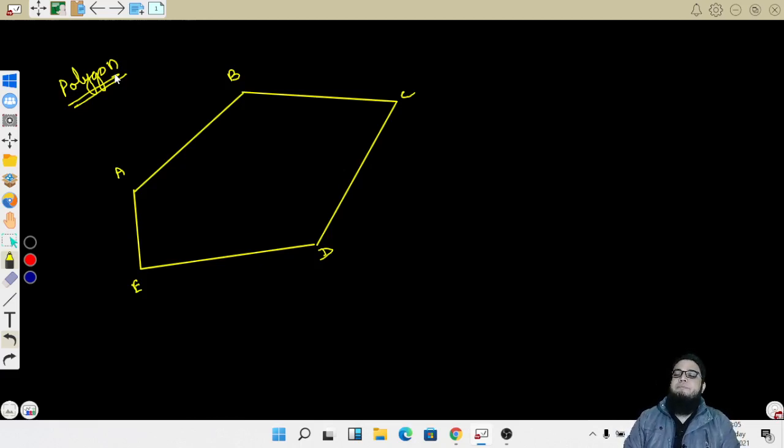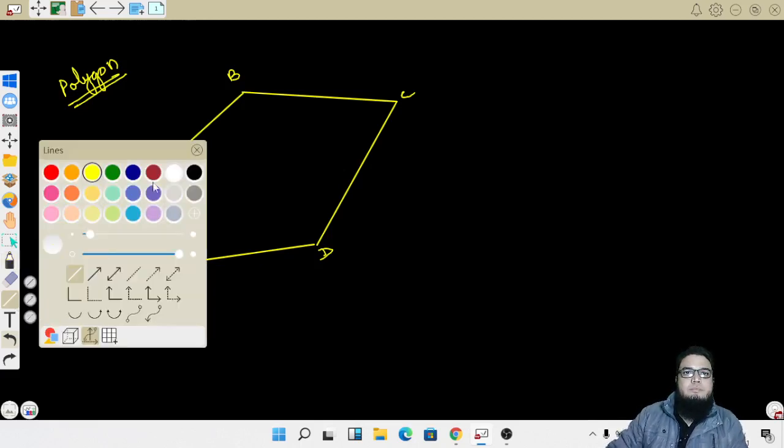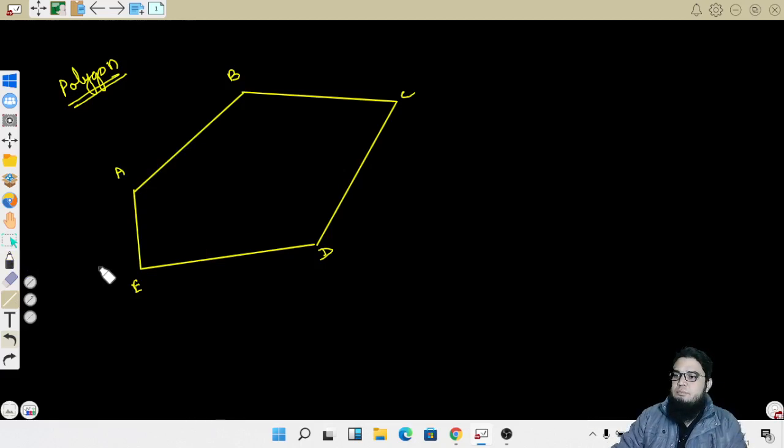Okay, got the point? I said, did you get the point? This is an irregular pentagon because all sides are not equal.